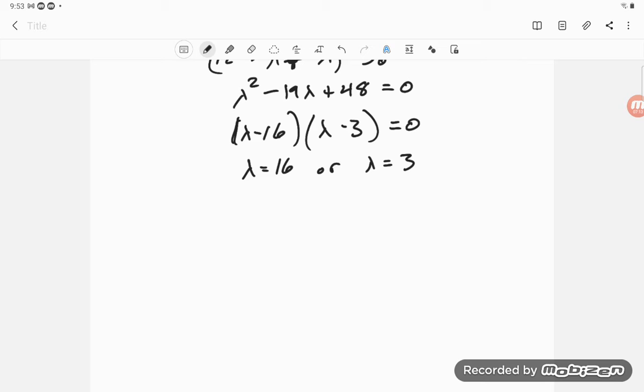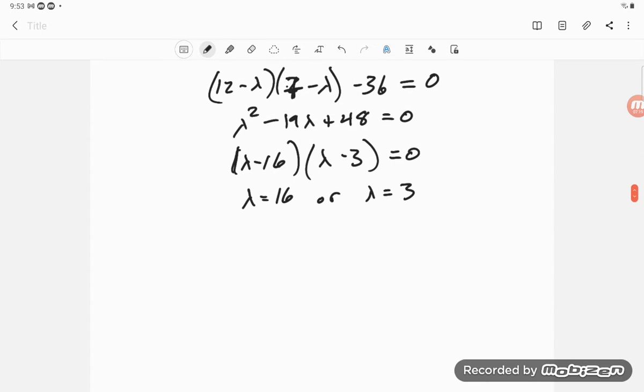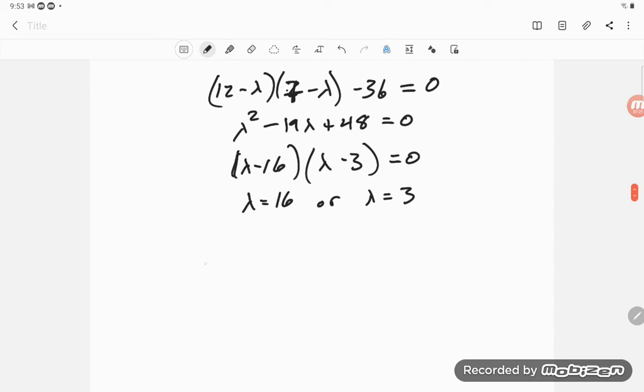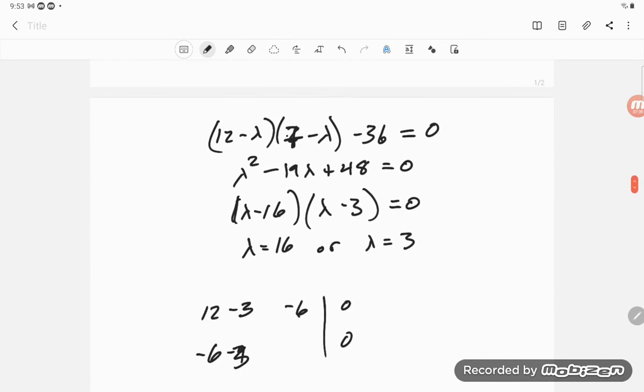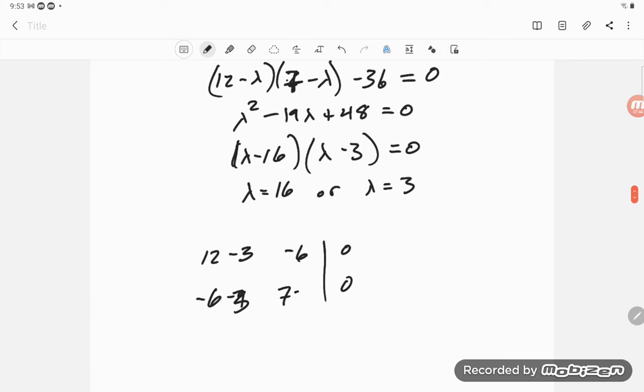They get the eigenvectors. So let's take a look at least one of them. So we had 12 minus 6. So let's do 12, we'll do the 3 here, minus 3 and a minus 6. Augment that with 0, 0. We don't really have to show the 0, 0. And then a minus 6 and a 7, so 7 minus 3.